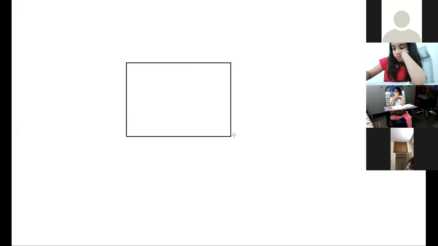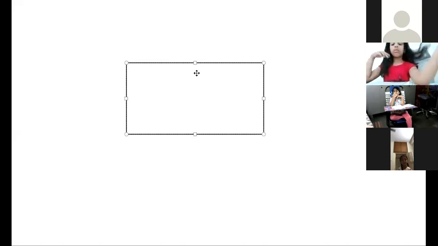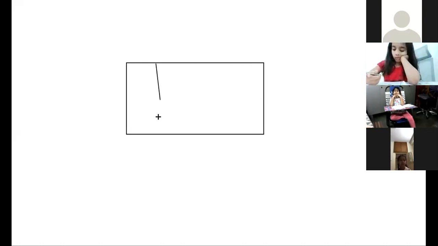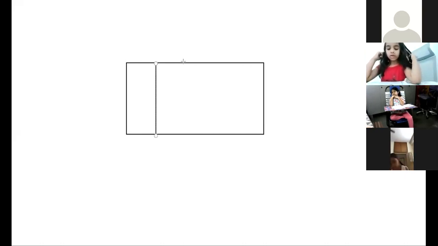Please pay attention. I have a rectangle here. Now, I have divided this rectangle into how many parts? Let's see. I've drawn 1 line, then 2 lines, then 3, and I'll draw 1 more line, 4.